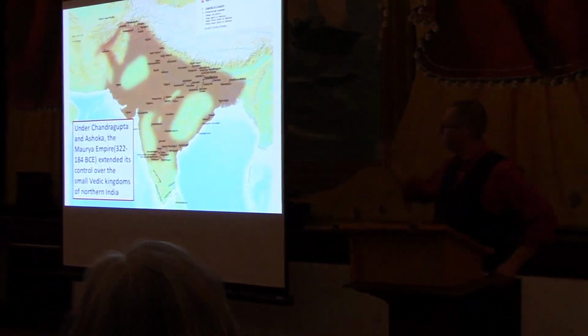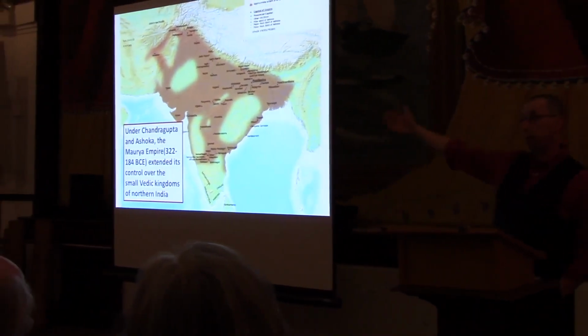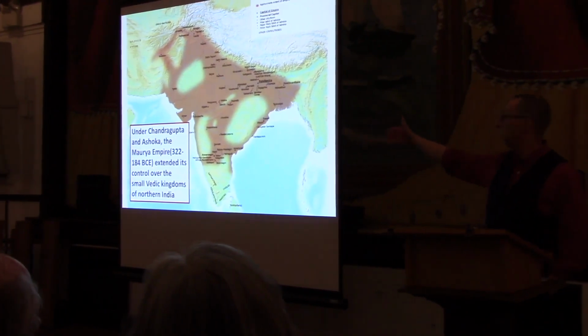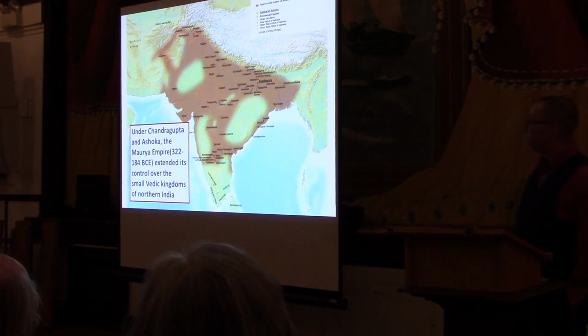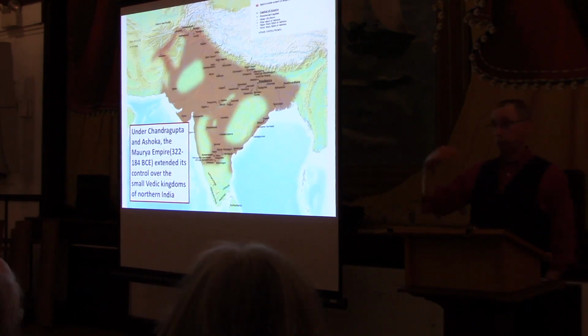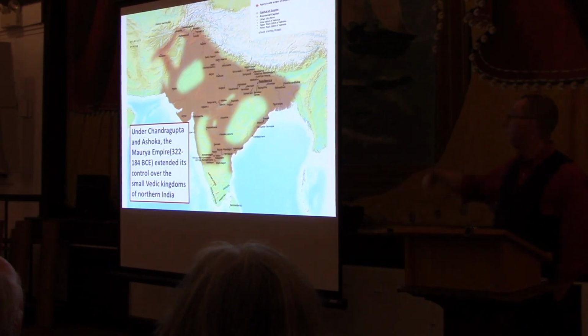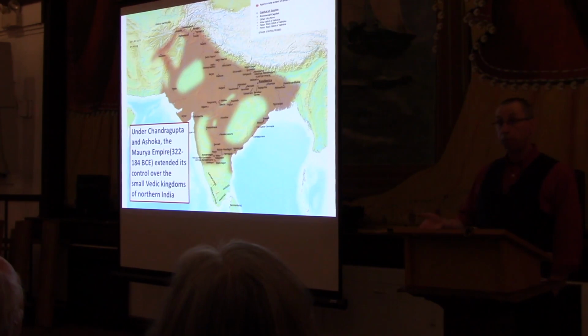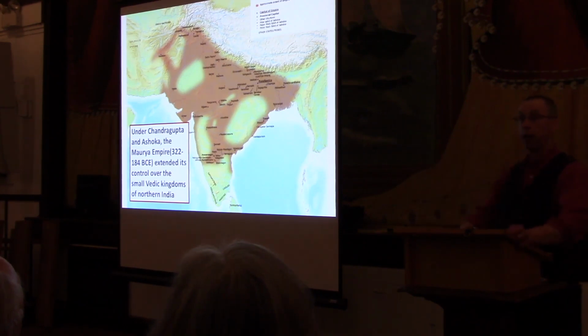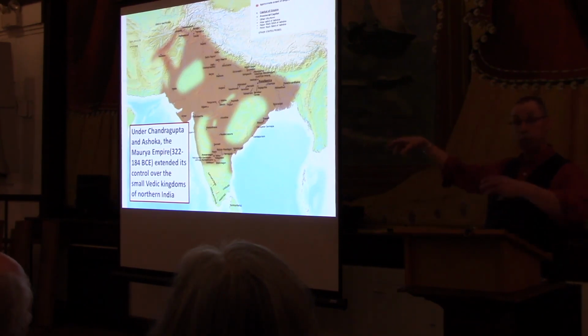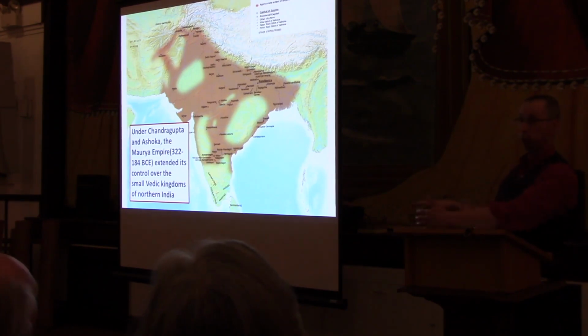when Alexander the Great's army arrives on the border of India, on the Indus River, a young guy, Chandragupta Maurya, observes the Greek tactics, he copies them, and lays the basis of the first great Indian empire, unified Indian empire. We're going to see a pattern in Indian empires of conquest from the north southwards.